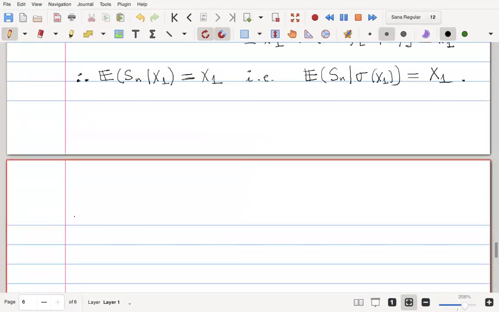So the last one is n plus m square given sigma Sn, which is the same as Sn. So this is what we are going to compute.